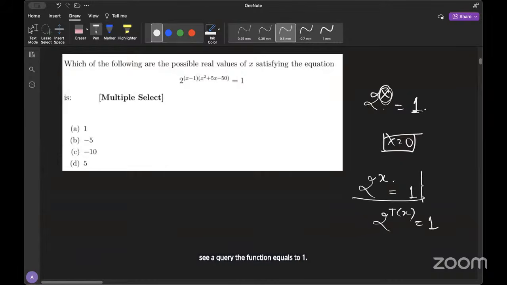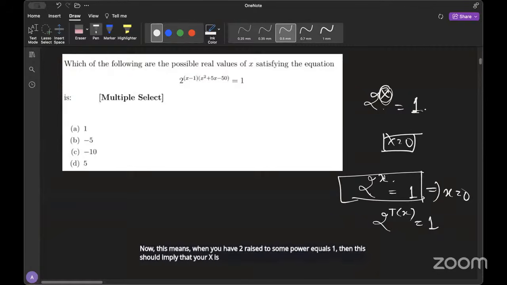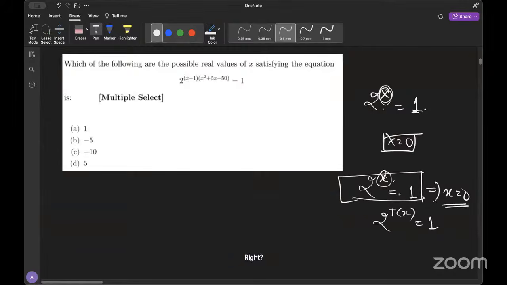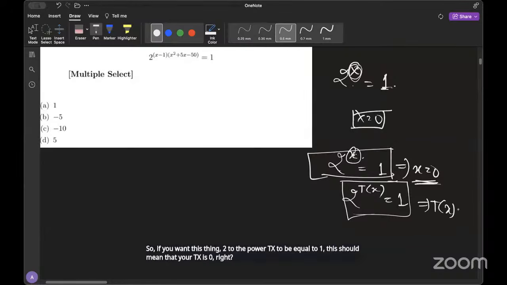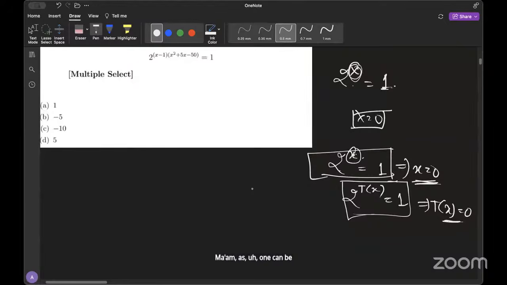Now this means when you have 2 raised to some power equals 1, then the power should be 0. That's the only possibility you have. So if you want 2 to the power tx to be equal to 1, this should mean that tx is 0. And 1 can be written as 2 to the power 0.